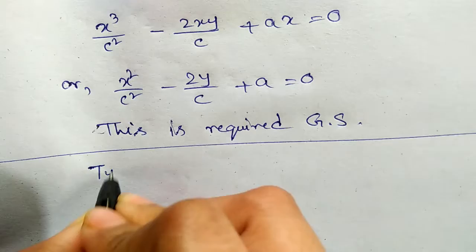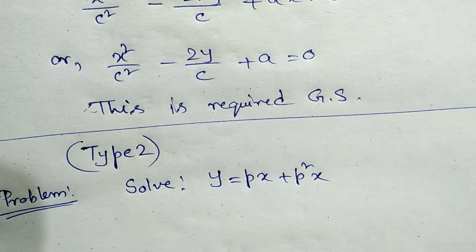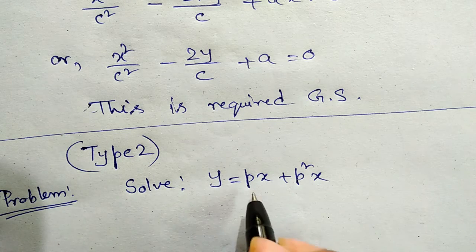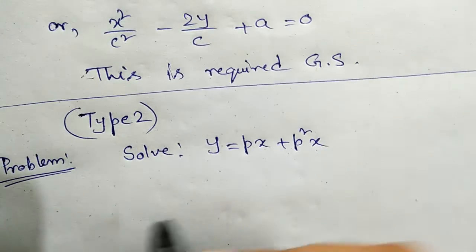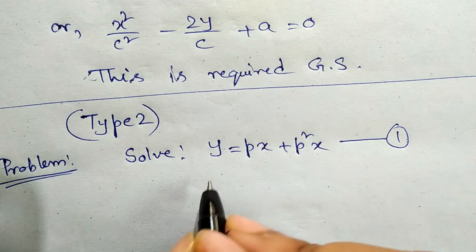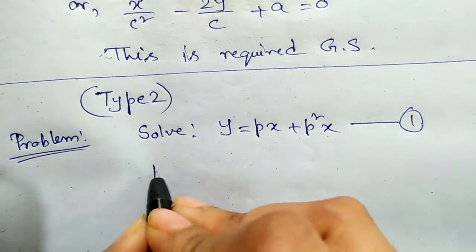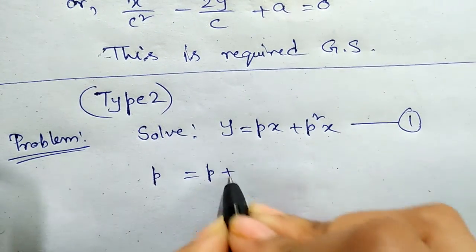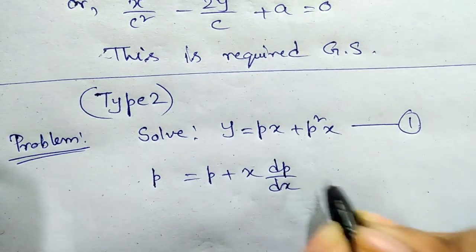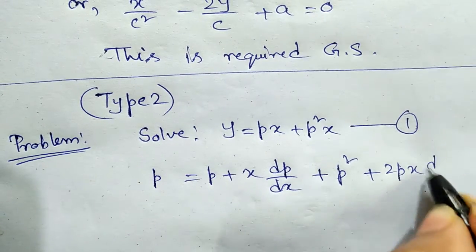Now next coming to second type. See, this is our second type of method, and this is our problem y equal to px plus p square x. Suppose this is 1, then differentiating 1 we get dy dx, that is p, equal to p plus x dp dx plus p square plus 2px dp dx.